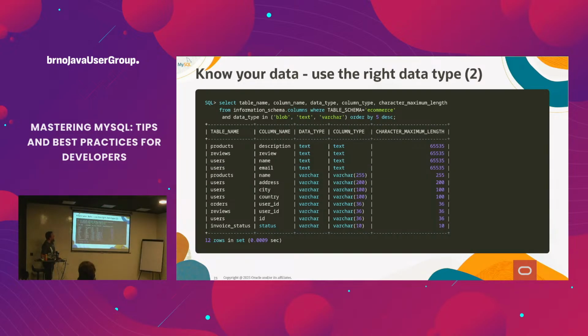So now here I will check all the columns that are blob, text, and varchar, and I will take a look at the size of these, the maximum size that they can handle in the column. And for example, here, product description is 55,000 characters. Maybe it's a very large description, maybe not, I don't know yet. But it seems strange to me.